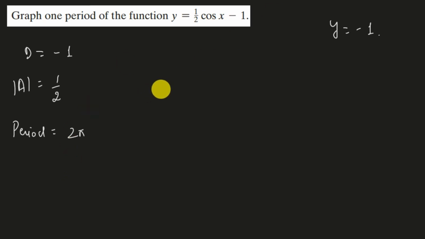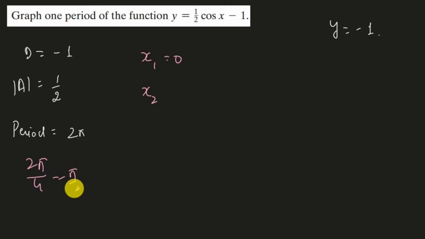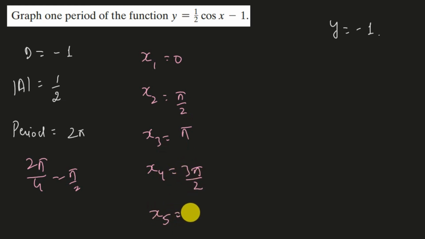Now the 5 key points: x1 will start with 0, then x2, so divide the period by 4, that would be pi by 2. So start adding pi by 2 here, so pi by 2, then x3 would be pi, x4 would be 3 pi by 2, and x5 would be 2 pi. Right.